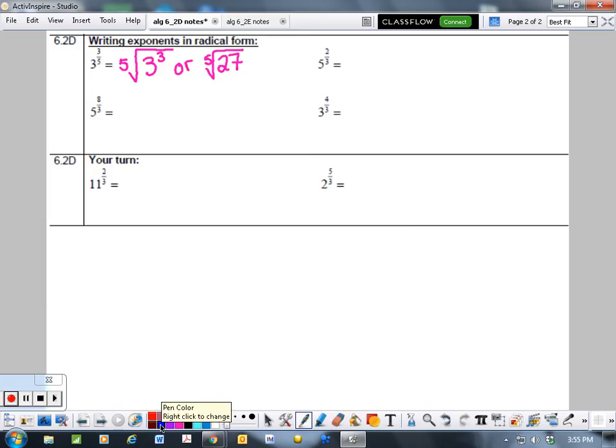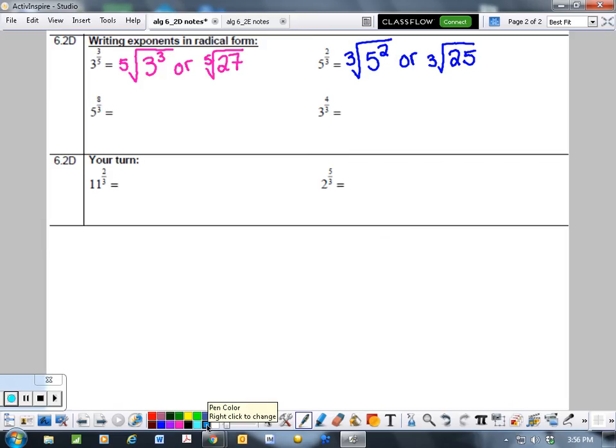Okay, so how about 5 to the 2/3 power? Well, 3 is the bottom of the fraction, so it's a third root of 5 squared, which is really the third root of 25. Okay, so let's look at the next one. 5 to the 8/3 power.